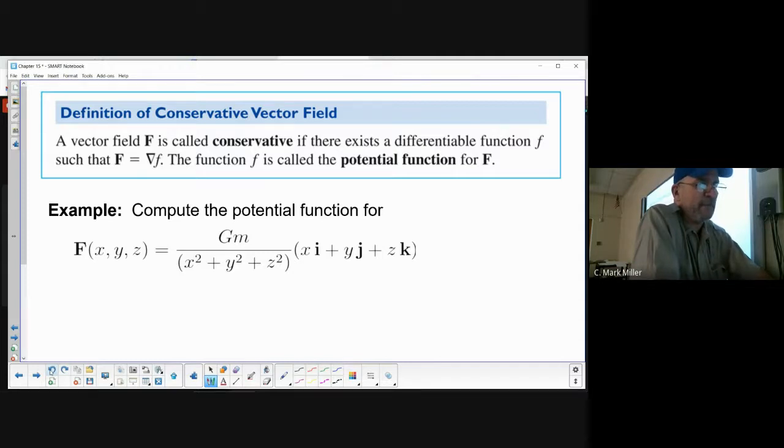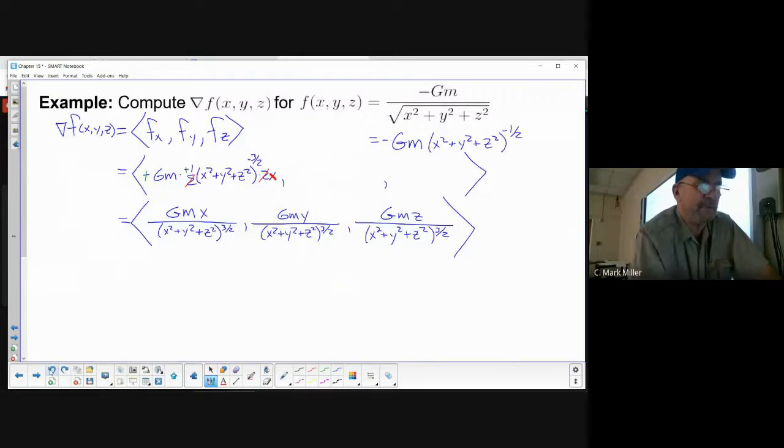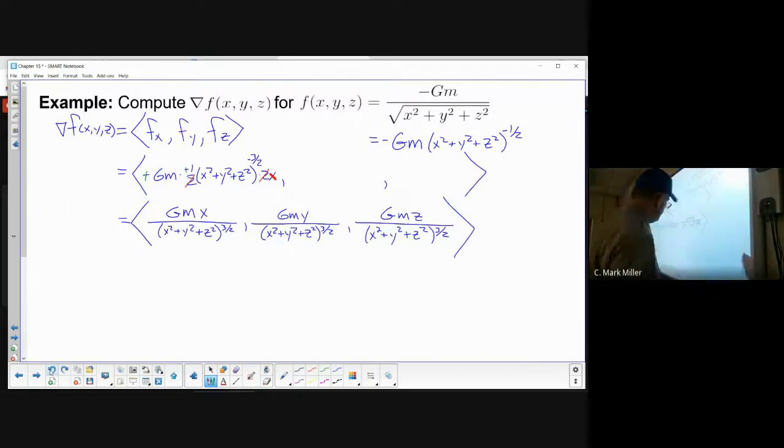A conservative vector field has some great properties. A conservative vector field, capital F, is a vector field that is the gradient of some real valued function, little f. Okay? So back up here, look at this gradient. This is the gradient of f.